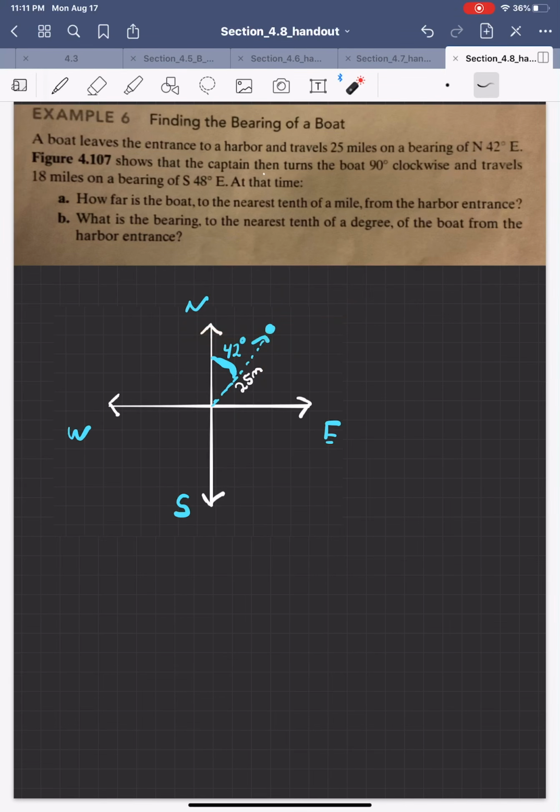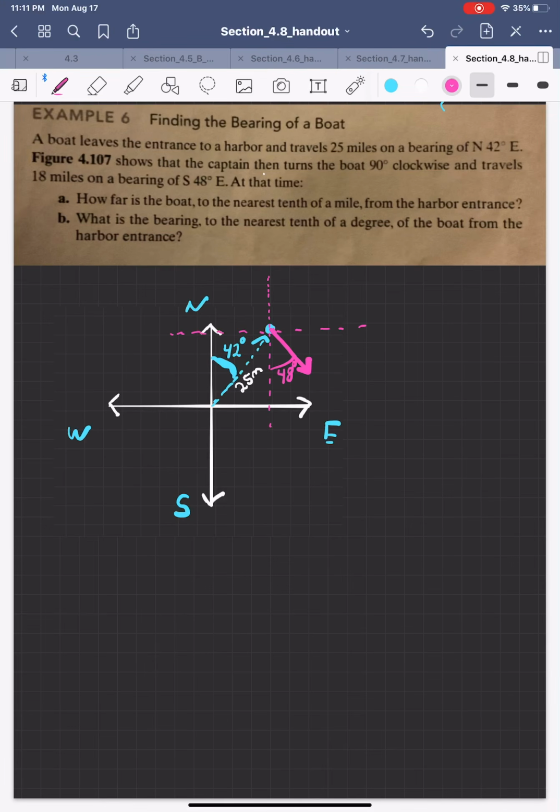All right, so that's how I'm coming up with this right here. And I'm going to label this. So let me label this guy right here. So remember, you rotated 48 degrees.